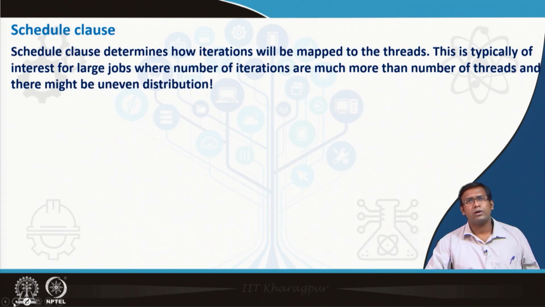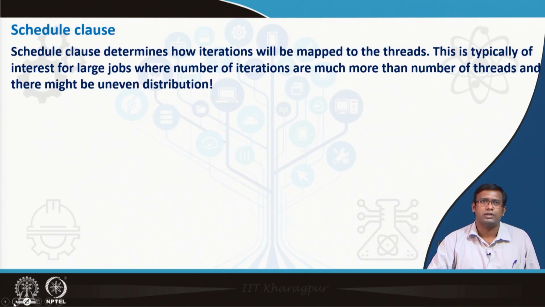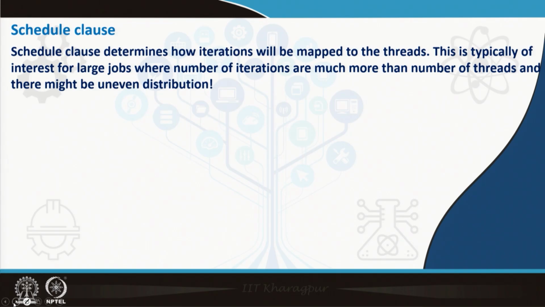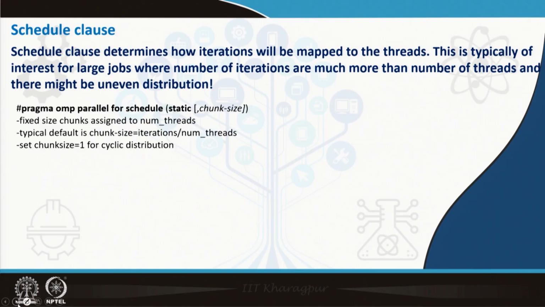Well, another important clause is the schedule clause. The schedule clause determines how iterations will be mapped to threads. In case we have a large number of iterations, we have seen that OpenMP does some mapping. OpenMP distributes iterations to threads in a load balanced way. But if there are a large number of threads and OpenMP results in uneven distribution and you need to control it, you can use the schedule clause.